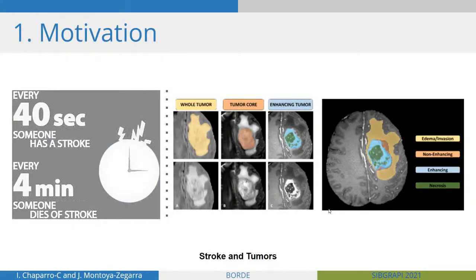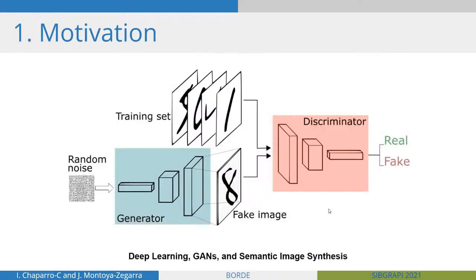Accurate segmentation of brain images is decisive for diagnosis and treatment. Deep learning has shown promising results in automatic segmentation, but requires a massive amount of annotated datasets. Generative adversarial networks can be used to generate additional annotated training data.